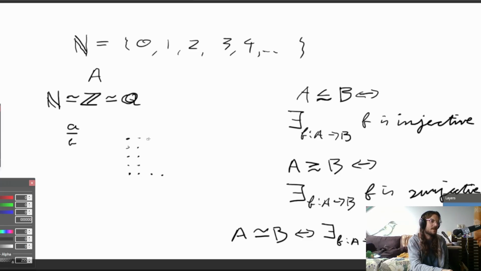If you imagine a cross grid, so it goes on for infinity. Here's the point (0,0), (1,0), (2,0), (3,0), (0,1), (0,2), (1,1), etc. Then we can create a snaking path through here.